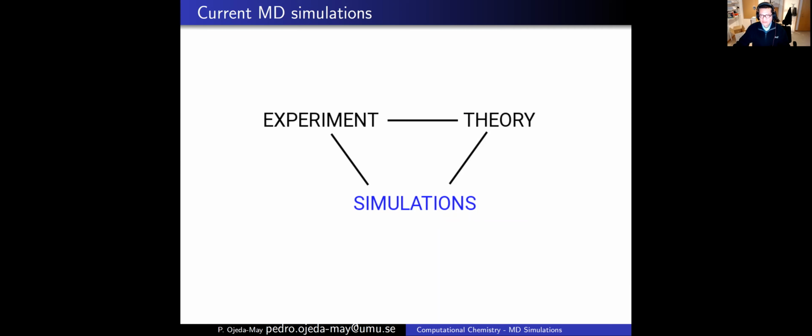But now sometimes the reviewers ask you, if not always, for a simulation or some theory to back up what you are saying in the experiment, or the other way around, right?